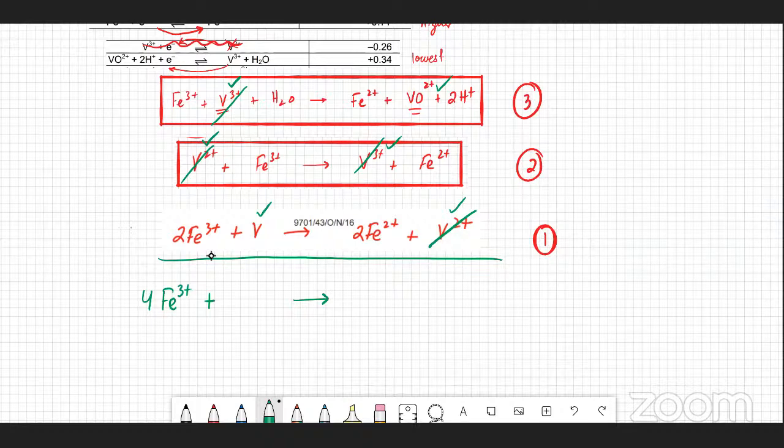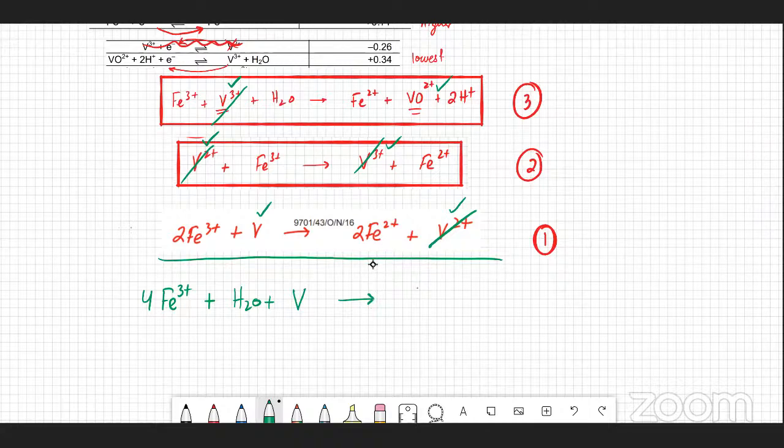यहाँ पे there is water, and there is also vanadium. और right side पे क्या है? Right side पे there is Fe2 plus. How many?